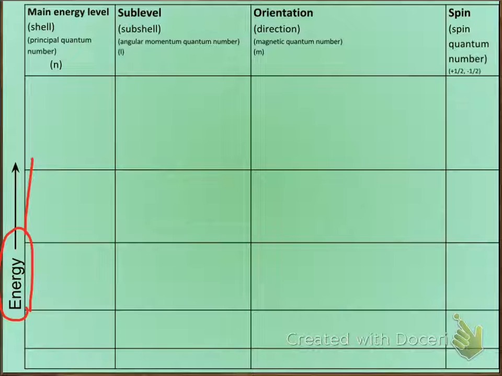So on the bottom, the first main energy level we're going to talk about is the lowest main energy level that exists, and that's energy level 1. Main energy level 1. So n equals 1, and we can actually put in there n equals 1. So we're talking about the first main energy level here.